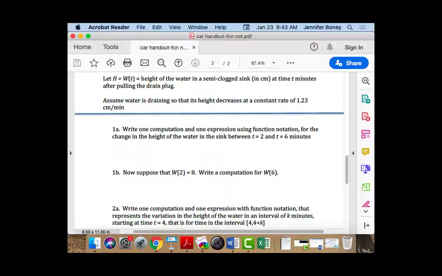So in terms of how I could express this, well, 4 minutes comes from 6 minus 2, dx, multiplied by m, our constant rate at which the water's height is decreasing. So I'll use a negative 1.23. But just negative 1.23 times 4 would be a computation we could write.